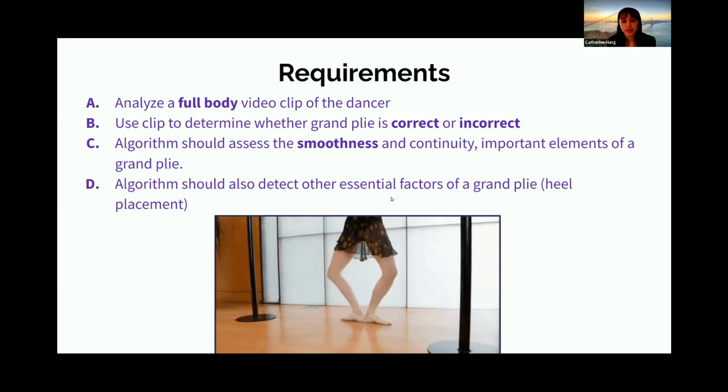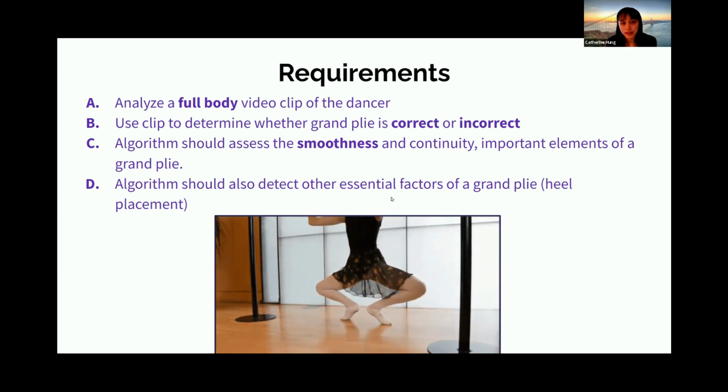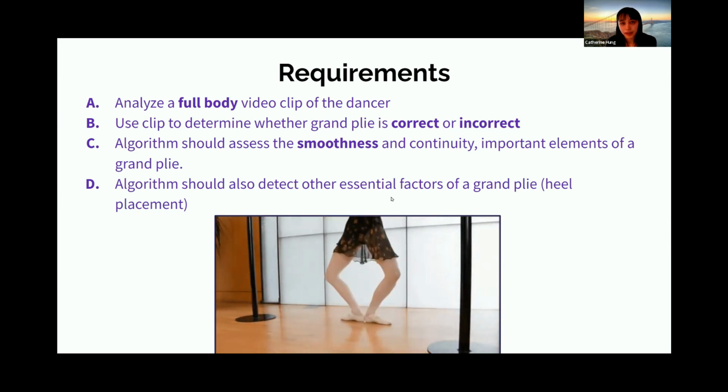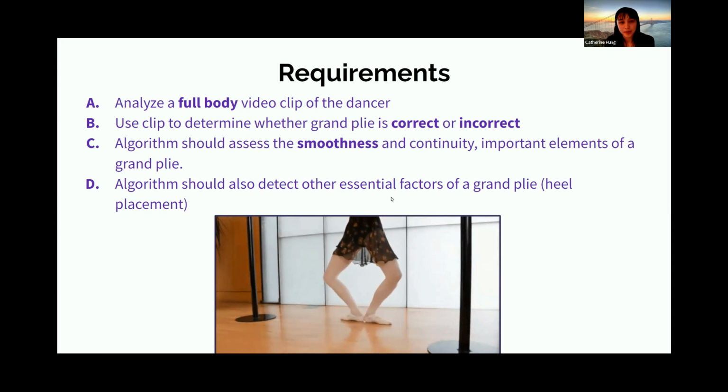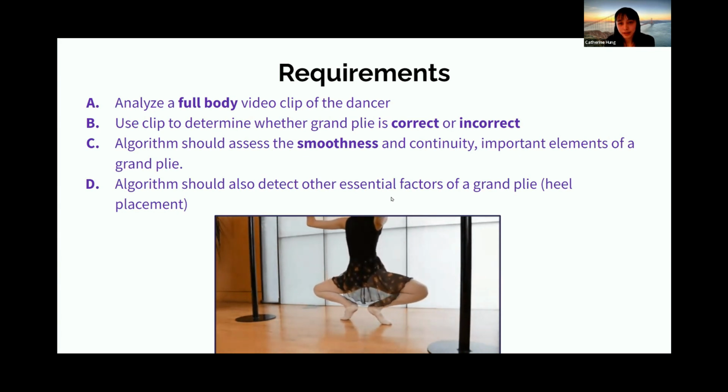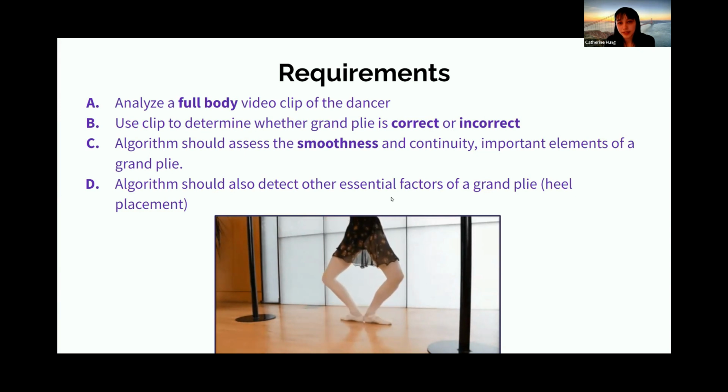So we want to use the full body video clip to determine whether or not the grand plié is correct or incorrect. And we want the algorithm to detect certain qualities of a grand plié, one being the smoothness and continuity, because this is an important component of a correct or incorrect grand plié.